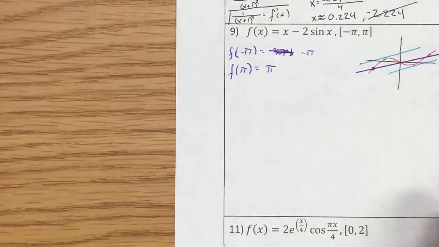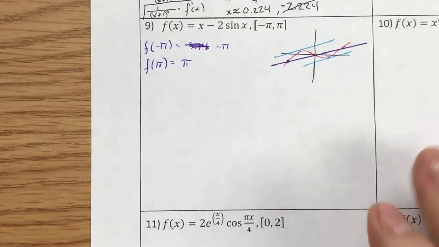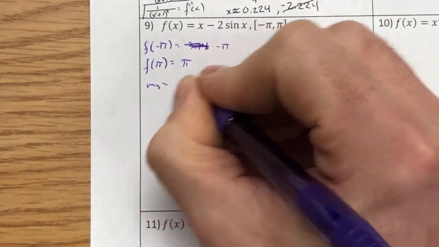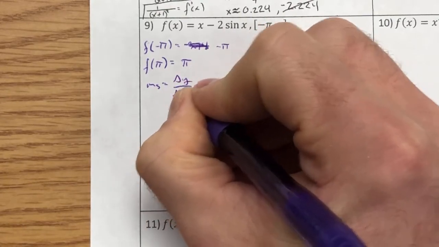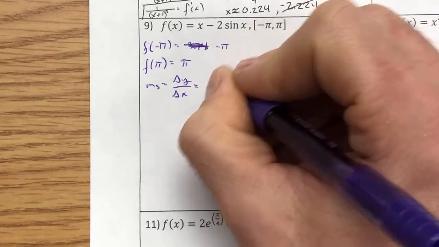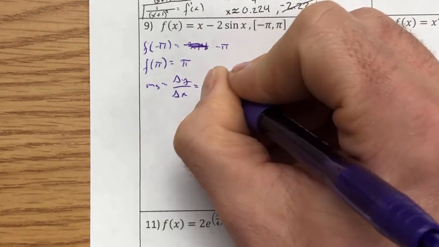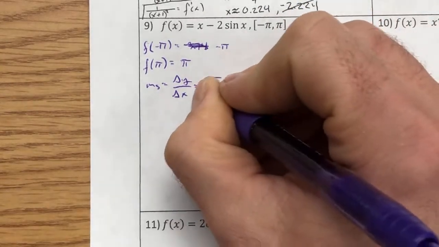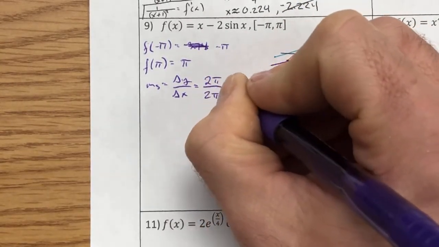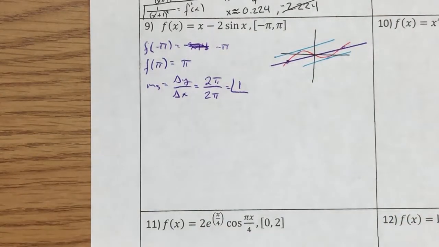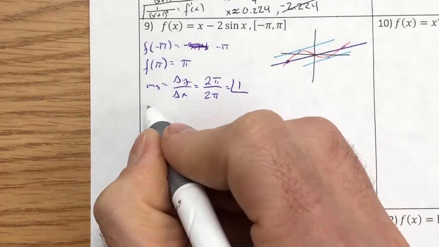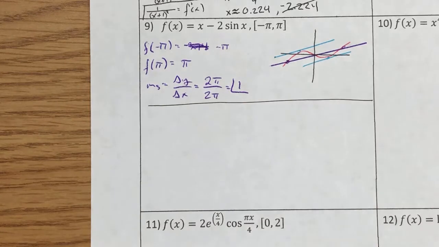Okay, so I know the secant slope is going to be the change in y over the change in x. My change in y is 2 pi, my change in x is 2 pi, so my slope is 1. I want to find a tangent line where my slope is 1.